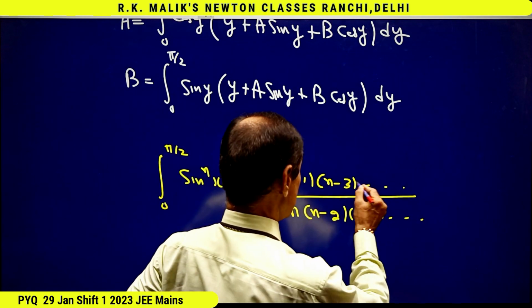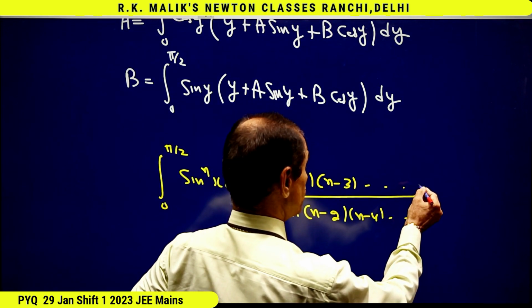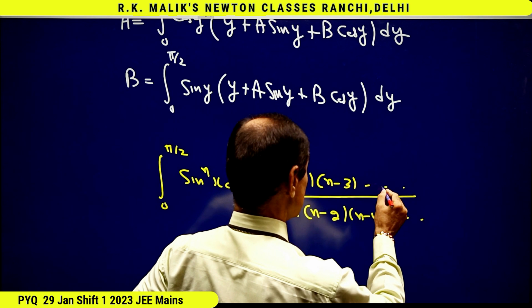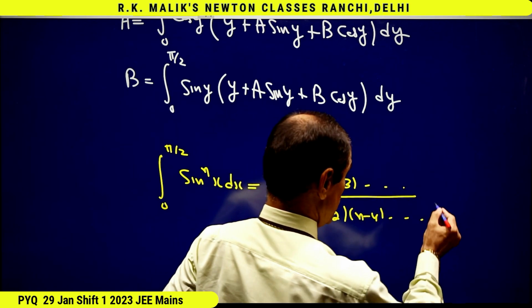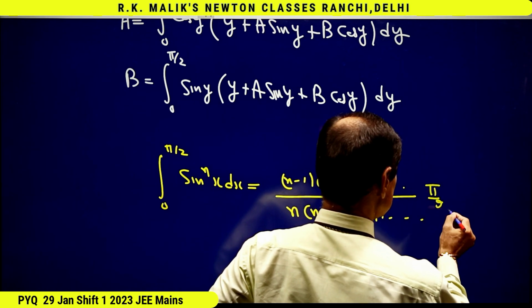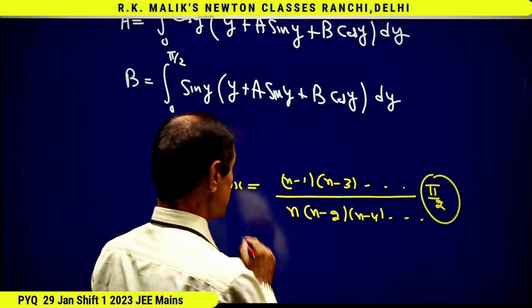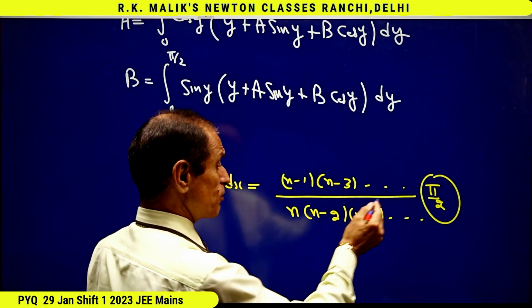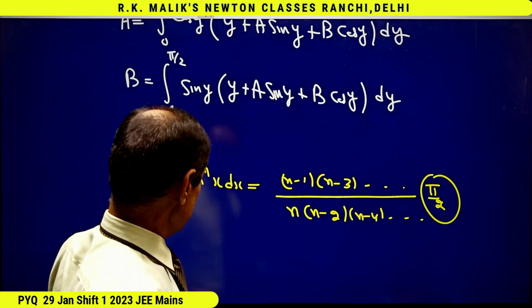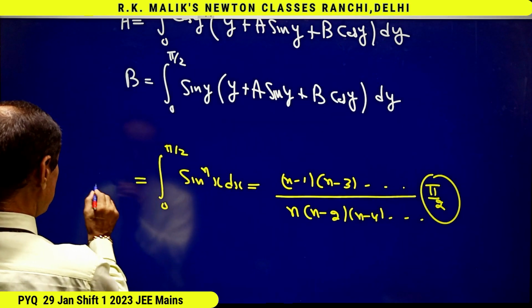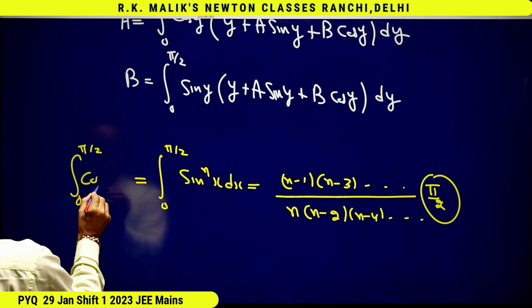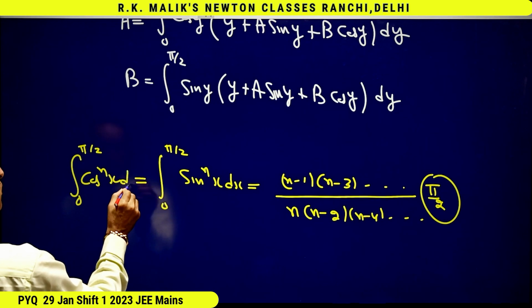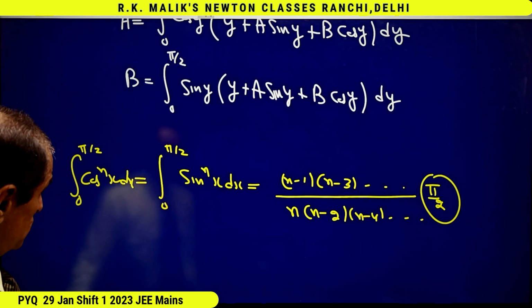If odd numbers are going on, the last number will be 1. If even numbers are going on, the last number will be 2. Similarly here also. And pi by 2 will come only if n is even. If n is odd, pi by 2 will not come. Similarly, this is the formula, and the integral 0 to pi by 2 of cos to the power n x dx is also equal to this.